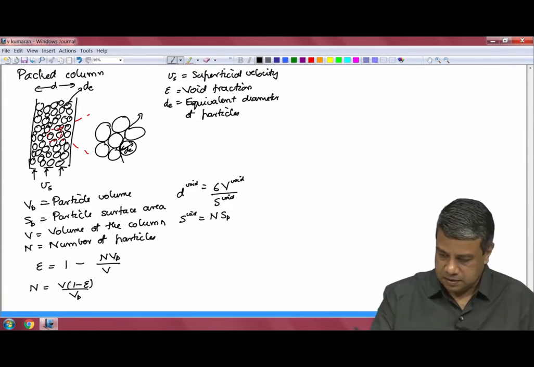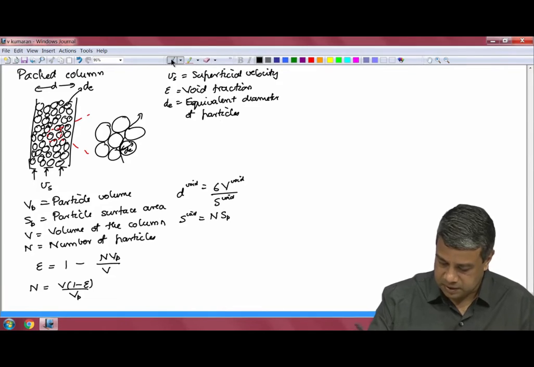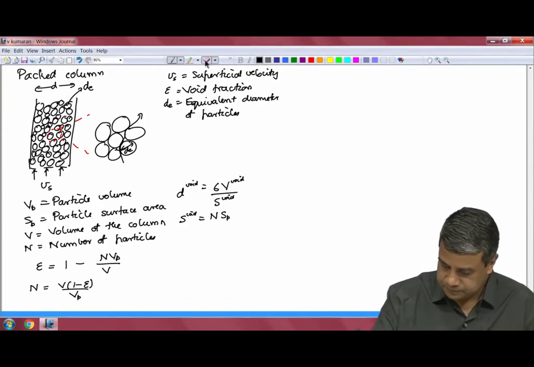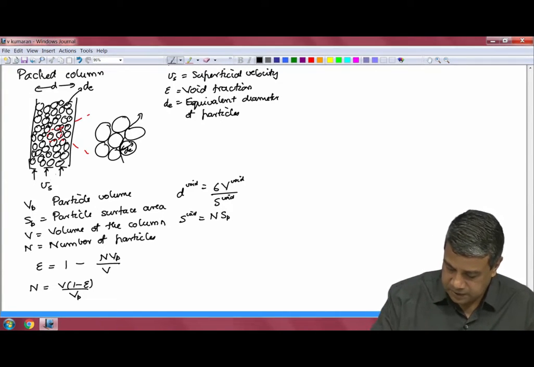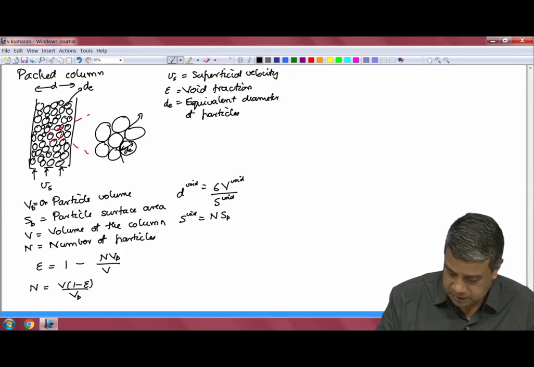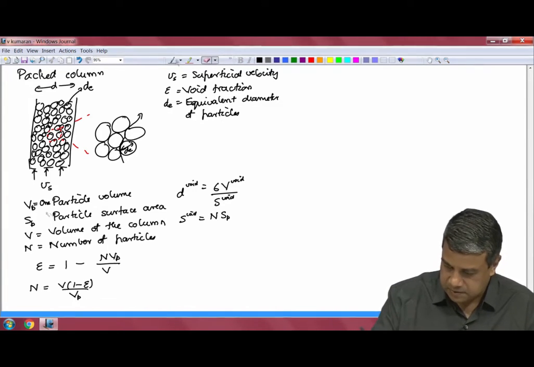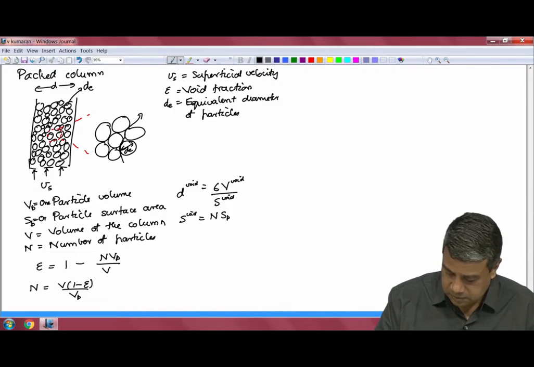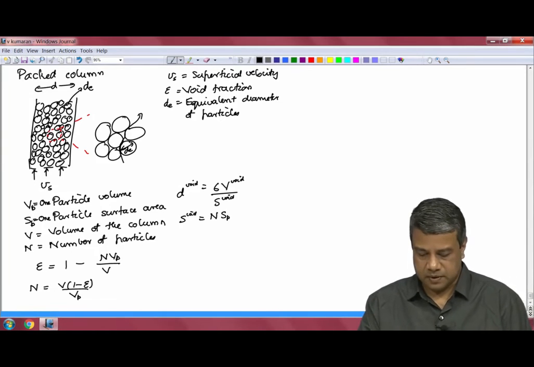So, I should note here this Vp and Sp that I have been using is one particle volume and one particle surface area.